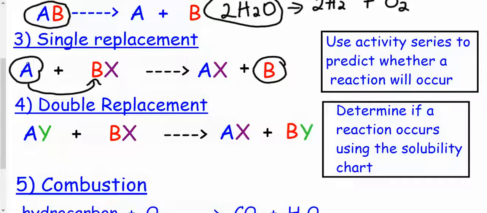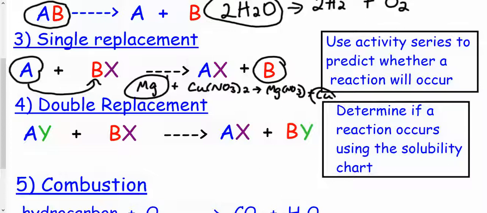You recognize a single replacement because you have a single element on both sides. An example of this may be magnesium plus copper(II) nitrate forms magnesium nitrate plus copper. Single element, single element.